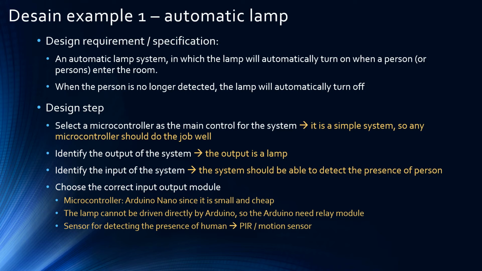Done. Now the input. We need some kind of sensor that can detect the presence of a human. For this one, we know we can use a PIR motion sensor. So the block diagram becomes like this.